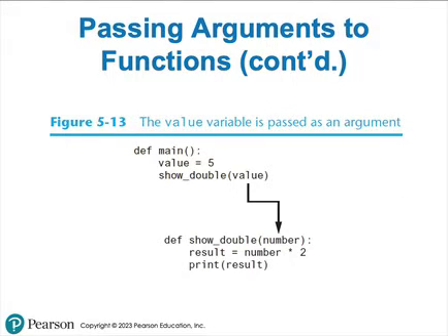So here we have a function called showDouble that takes a number, it multiplies that number by 2, and then it returns that value to the calling program. So at the top of this figure, in our main program, we set the value to 5, and then we call showDouble, passing that value 5 to it.